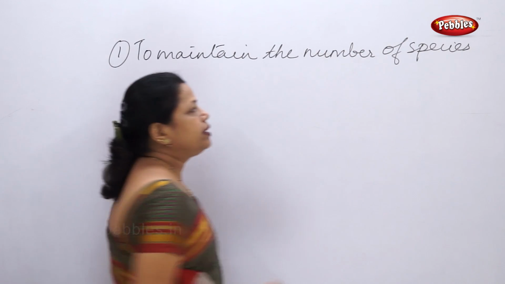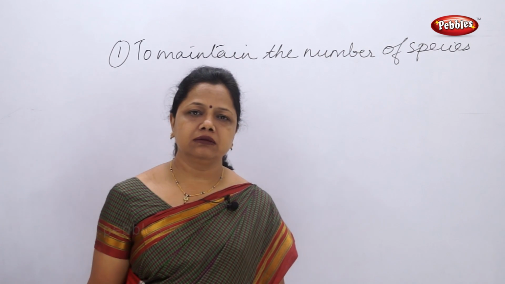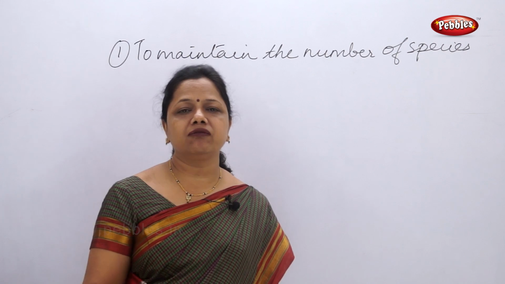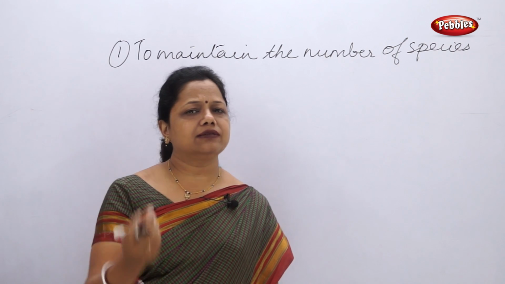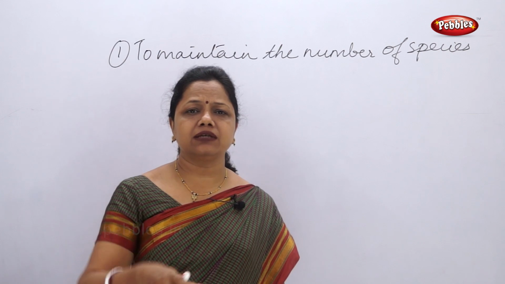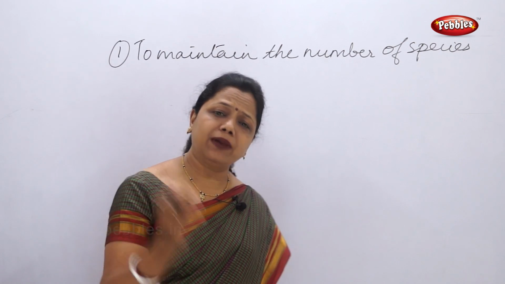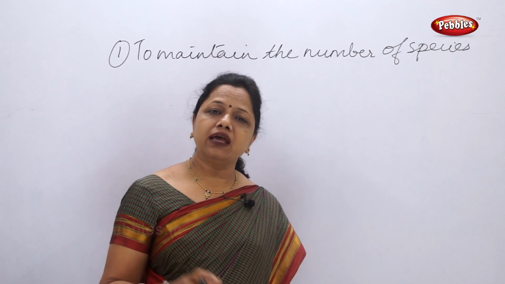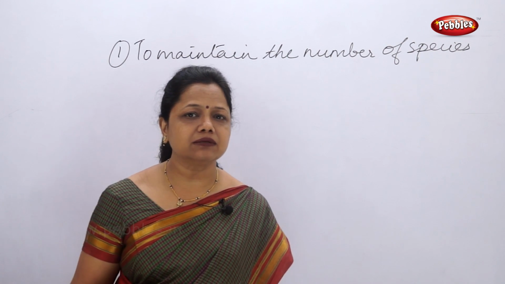Now when I say to maintain the number of species, that means if there is no reproduction, one fine day there will be no new organism of that kind. For example, if the butterflies are not reproducing, if the insects are not reproducing, if any plant is not reproducing, there will be no further generation of that particular organism.